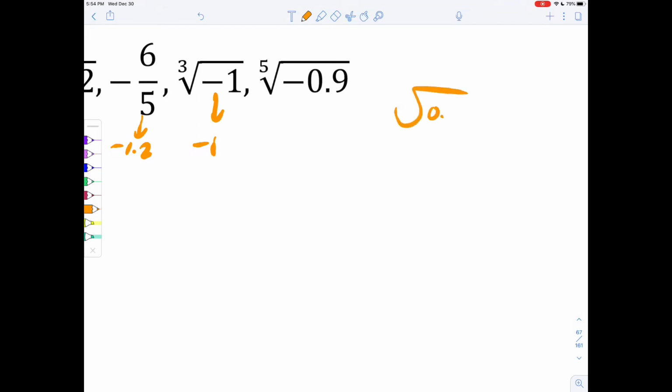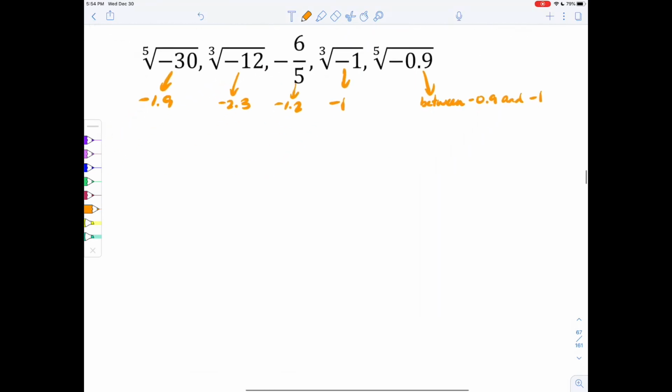Like the square root of 0.25 is actually 0.5, which is a bigger number. In that same sense, we must get something that's more than 0.9, but it has to be less than 1, because as soon as we go higher than 1, numbers start inflating. So I don't know what this is exactly, but it's between like negative 0.9 and negative 1.